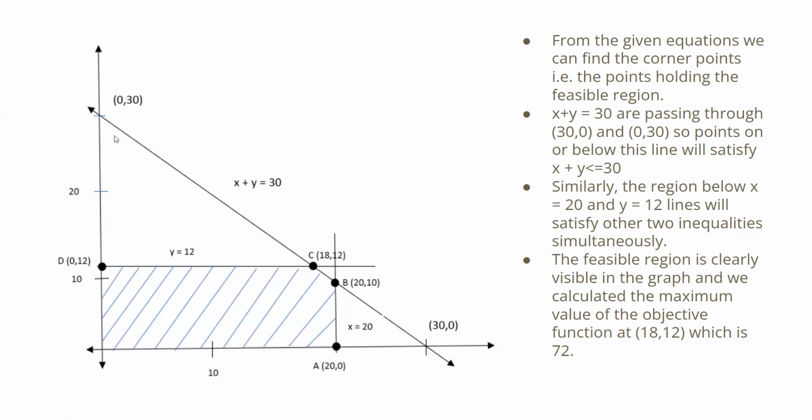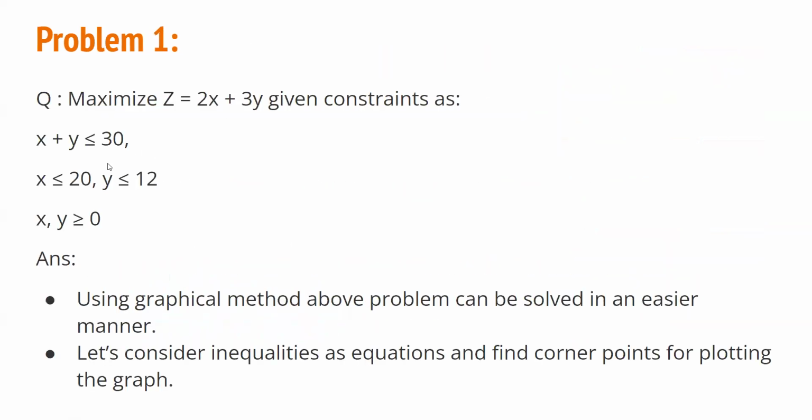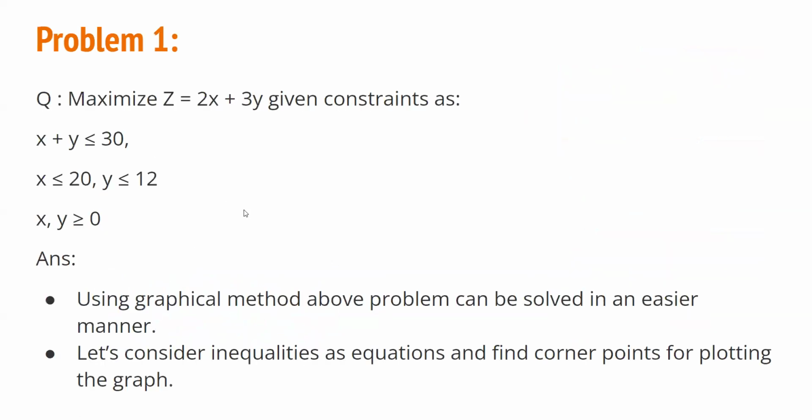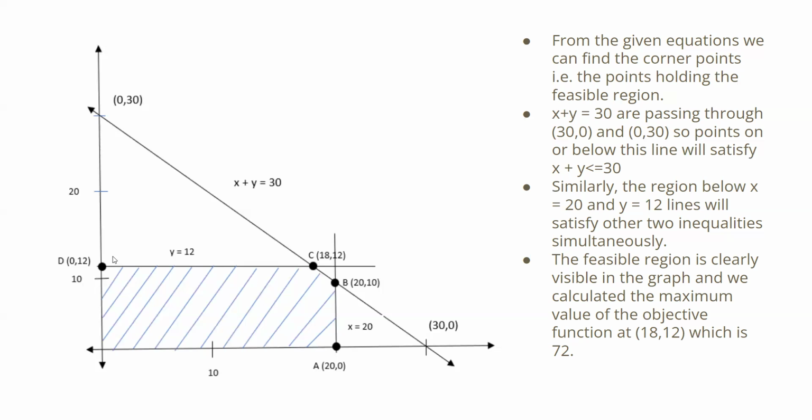Definitely the area below this line, right? Because it is saying x plus y less than or equal to 30. If this line denotes x plus y equal to 30, then x plus y less than 30 will be the region below this line. So for this equation, the feasible area of solution will be below this line, correct? Next, for the other two lines, x less than or equal to 20, what will be the feasible area?